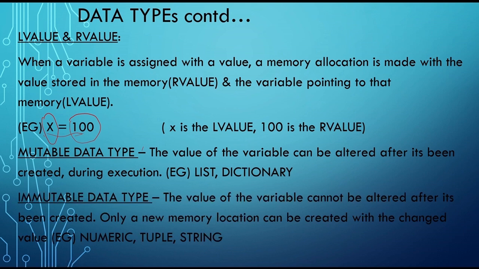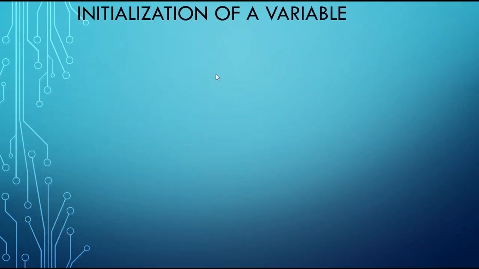An immutable data type is one where the value of the variable after it's been created cannot be altered during the program execution. Examples of immutable data types are numeric, tuple and string. What mutability and immutability mean, and how the value can be altered, will all be seen under the headings lists, tuples, dictionaries when we see them in the coming videos.